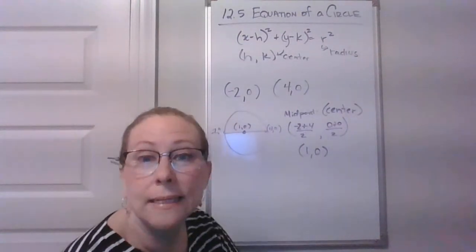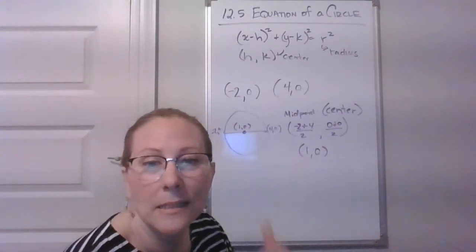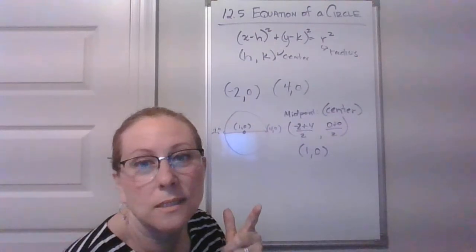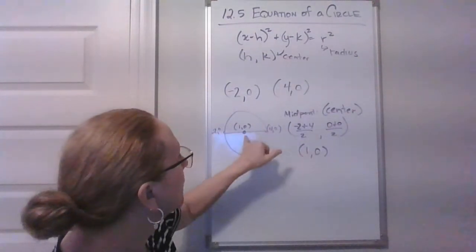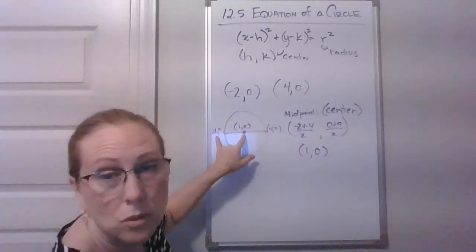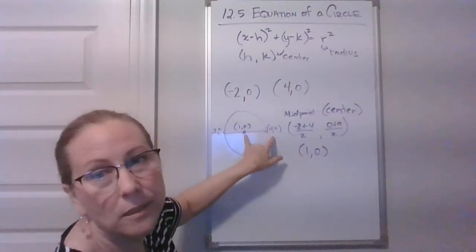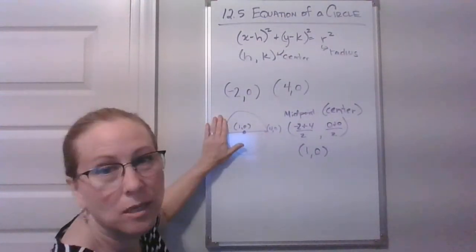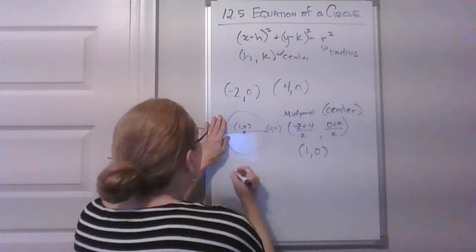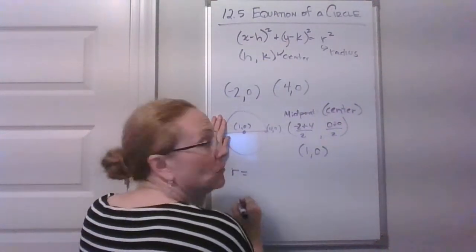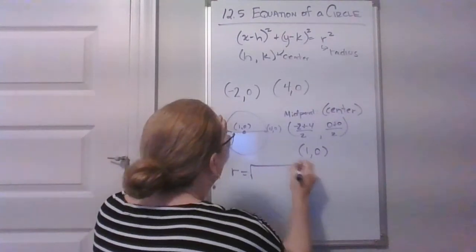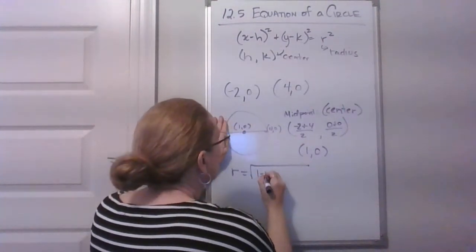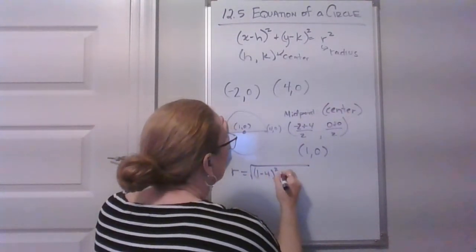Now to find a radius, we know that we need a center, we need a radius. To find the radius, we only need either these 2 points or these 2 points to use in our distance formula. So I'm just going to go ahead and discard this one and find the radius using our distance formula. 1 and 4, subtract those squared.